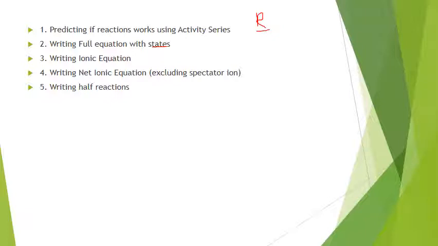Then from the ionic equation, we'll be able to tell what substances will react in the chemical reaction, and then we'll be able to write the net ionic equation. And then finally, we'll really get into understanding what has been oxidized and reduced, and we'll actually be able to show how many electrons have moved from one metal to another. Okay, so let's get into it.